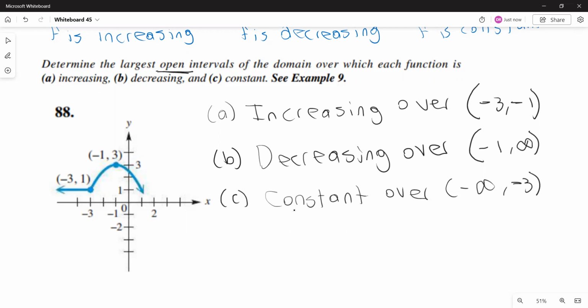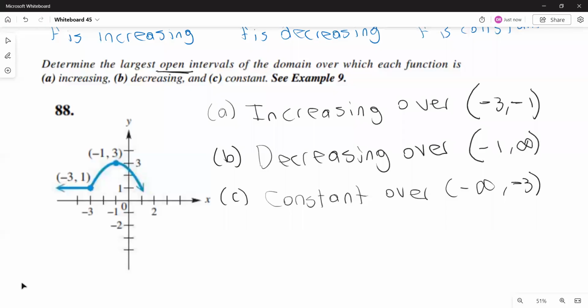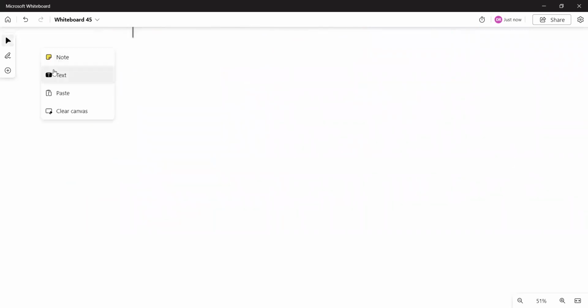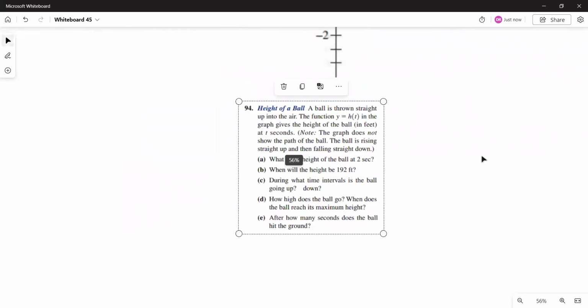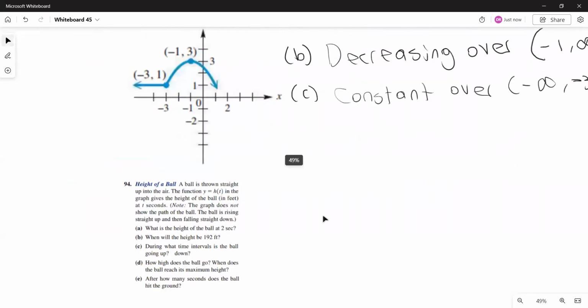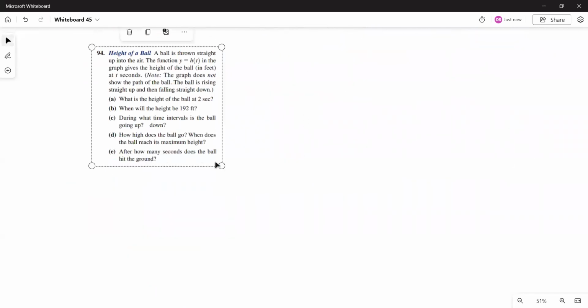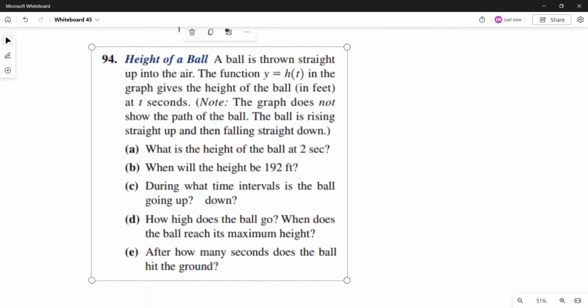And the last example is an application, number 94. So I'm going to copy the statement and the graph.